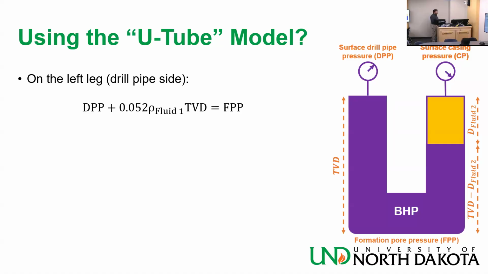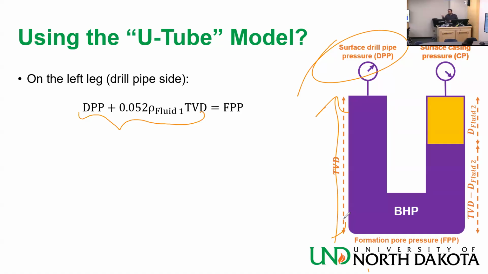Because what is this? DPP plus the weight of this, what is it equivalent to? It has to be the same as the hydrostatic, but it's not always.